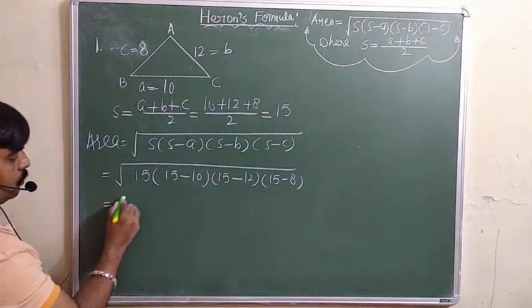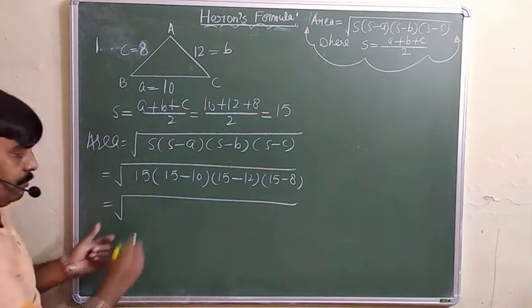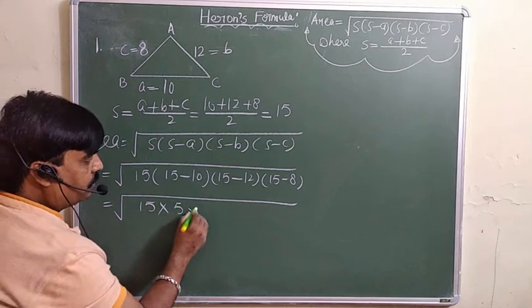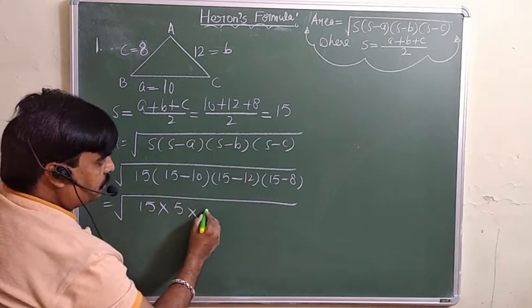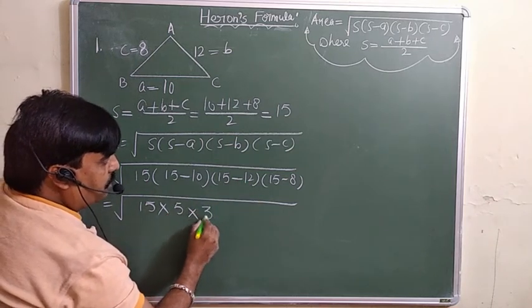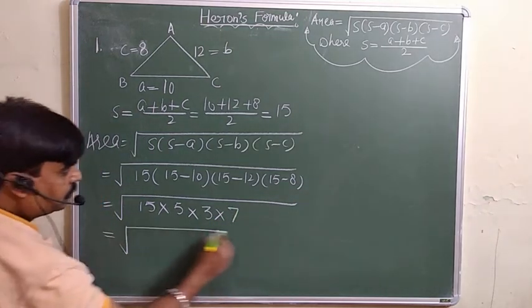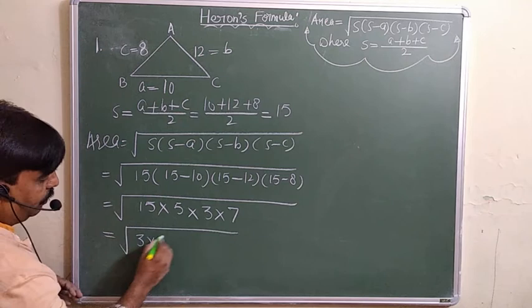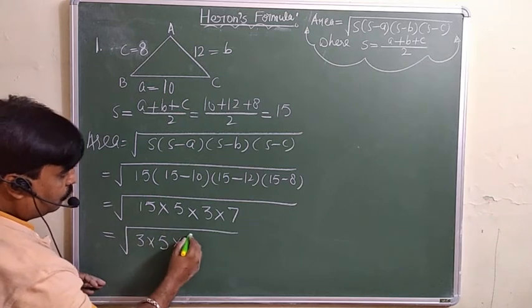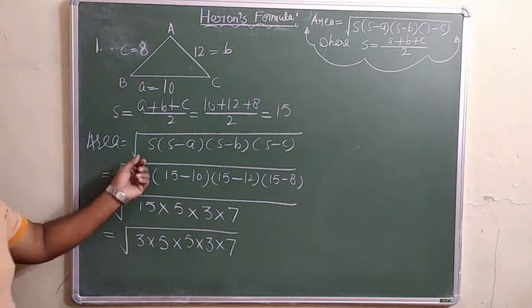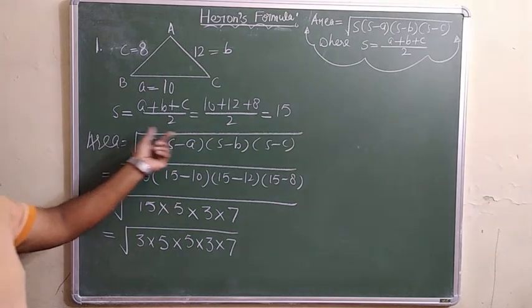So this is equal to simply 15 into 15 minus 10 is 5, 15 minus 12 is 3, and 15 minus 8 is 7. You can do the factor of this one. So this can be written as 3 into 5 into 5 into 3 into 7, because S is there.